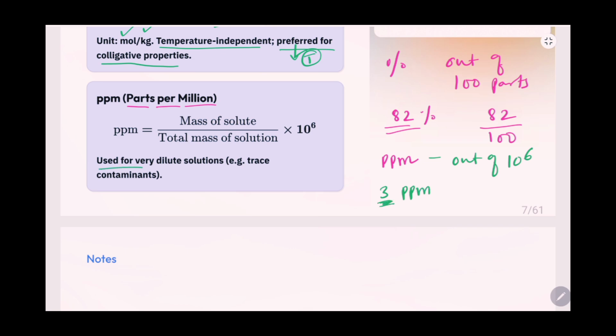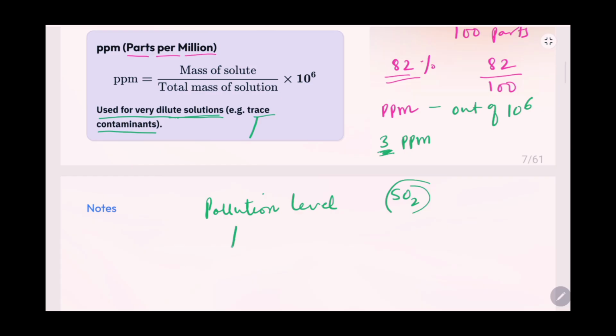So this method is exclusively used when the concentration is very less. Trace quantity, for example the pollution level. If you want to express how much SO2 gas is present in the air, or you want to express the amount of salt in sea water, this can be one of the best ways to express in ppm.